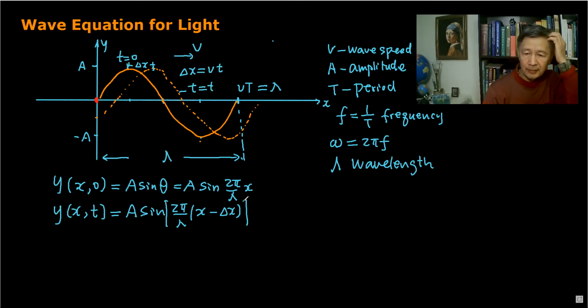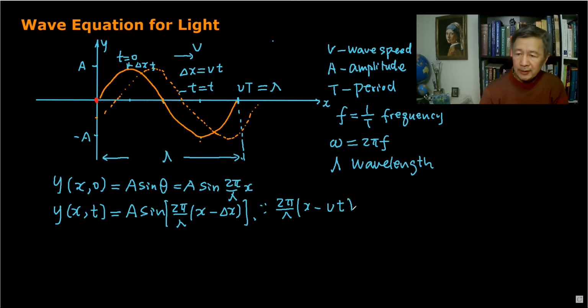Okay, let's focus on this phase term. So we have 2 pi over lambda times x minus delta x, where delta x, as we know, is equal to the wave speed multiplied by the time t.